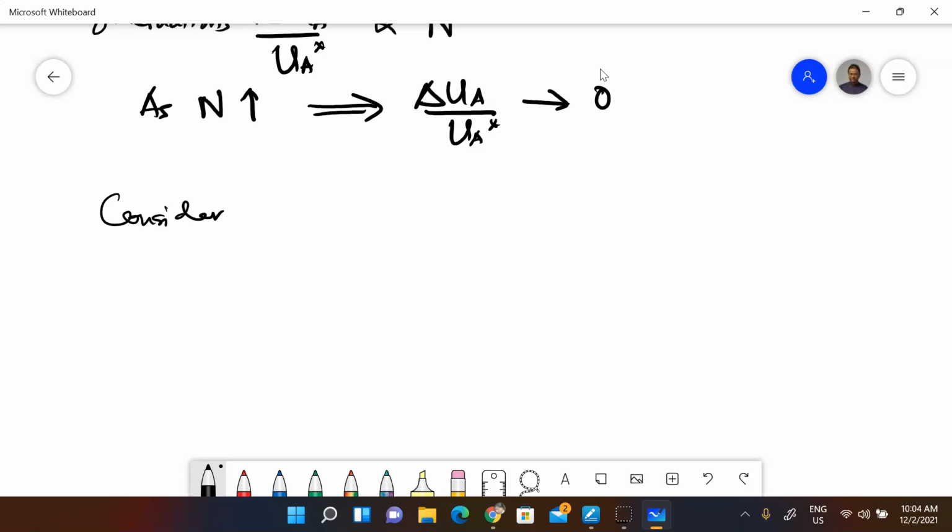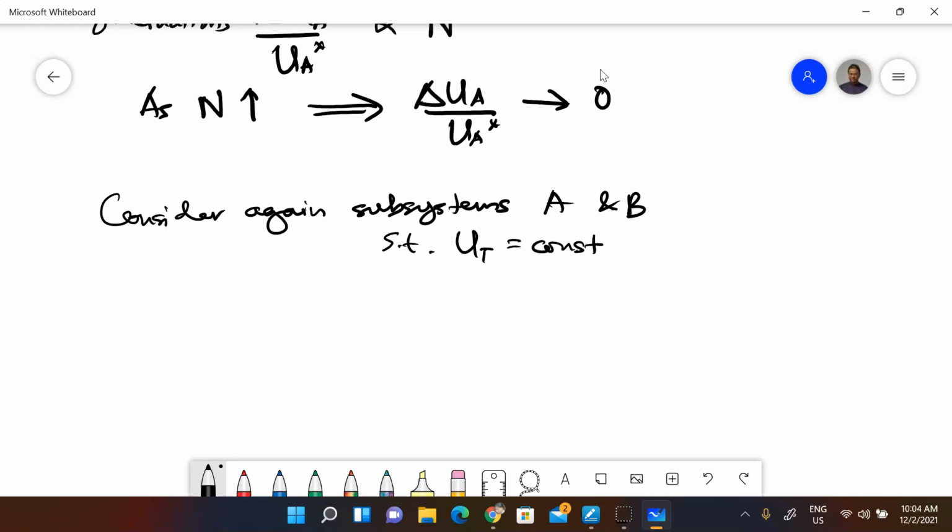Consider again subsystems A and B, such that the total energy is constant, and then let WA of UA, let me check, I'm just afraid that I get disconnected.